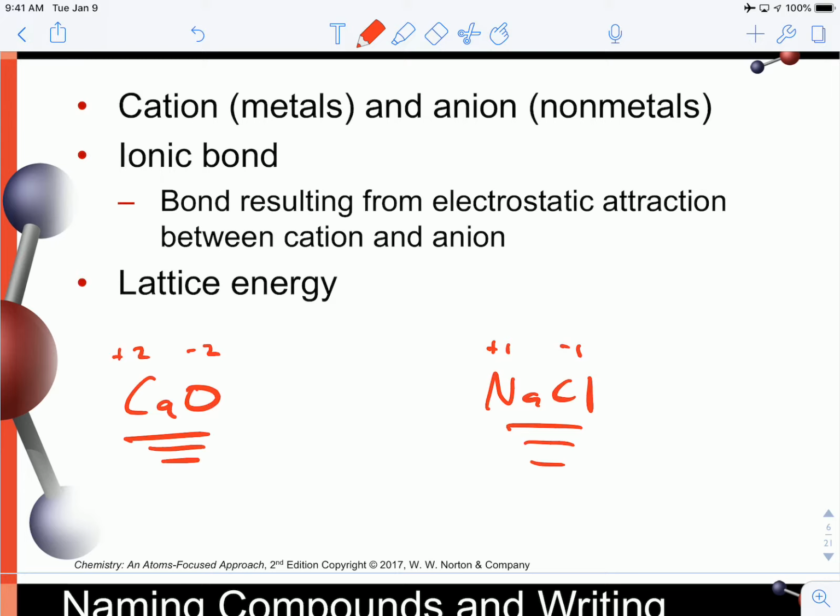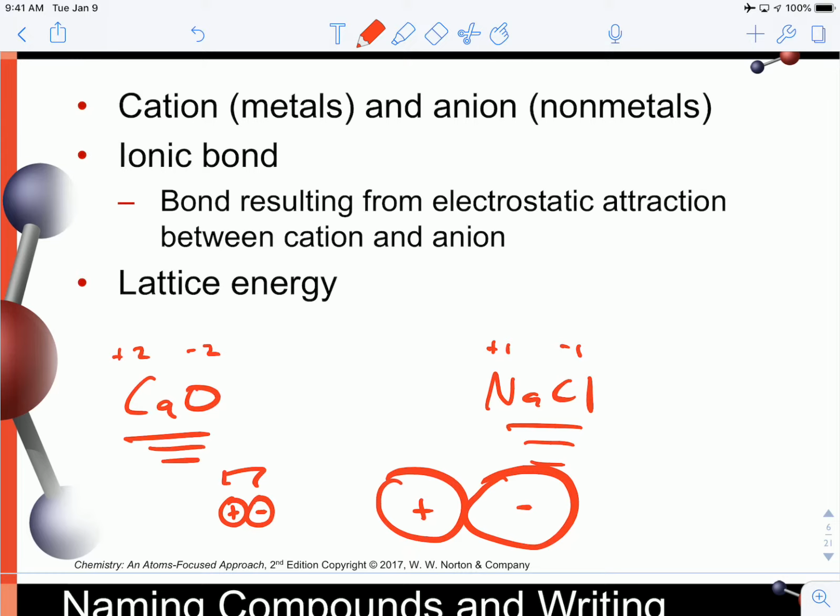The other thing that's important is the size of the atom. If we had a cation that was this big and an anion this big, and then we had a cation that's this big and an anion this big, this one would have a stronger attraction. We can estimate this just by knowing our radii that we learned in Chapter 3.